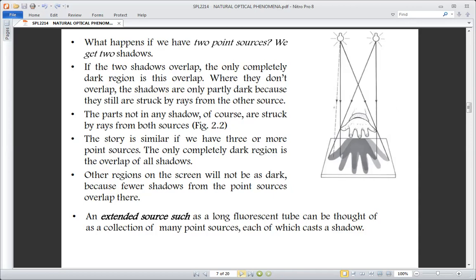The concept for a fluorescent tube or any other extended source just comes from the fact that if you pick two sources of light, each will produce a shadow, and those shadows will overlap, and so the area where they overlap will appear darker compared to the other part.